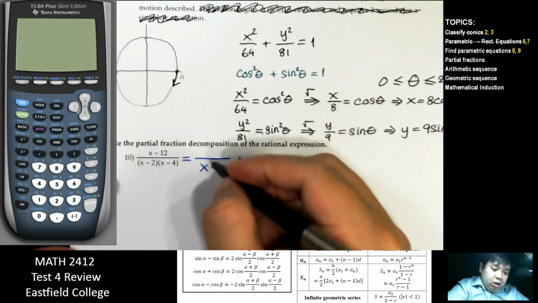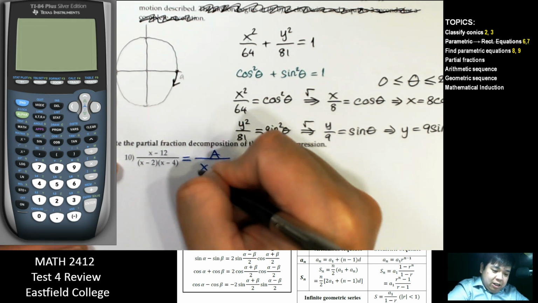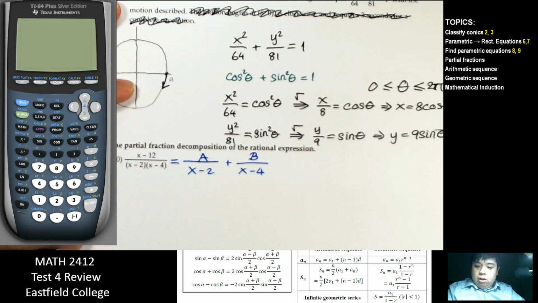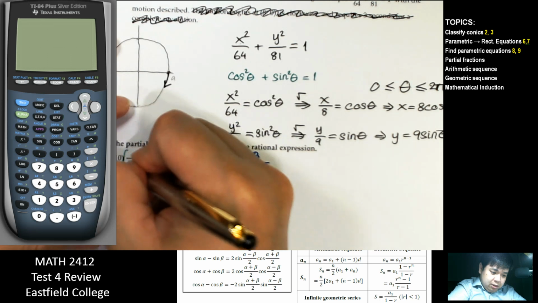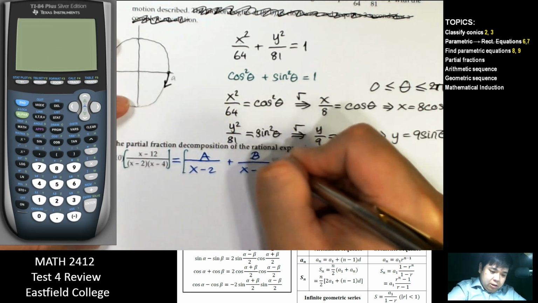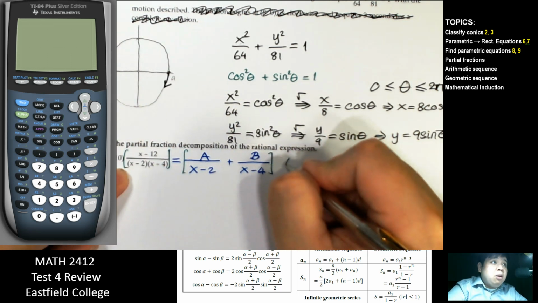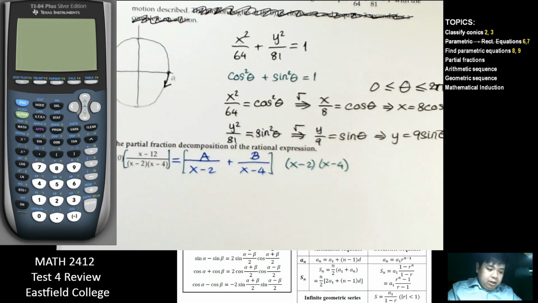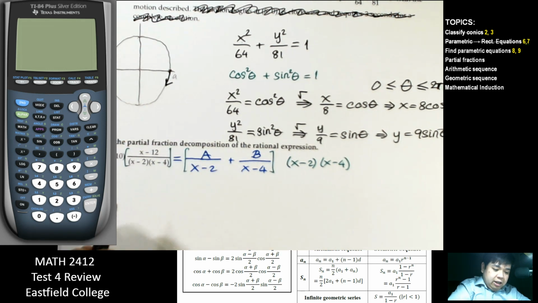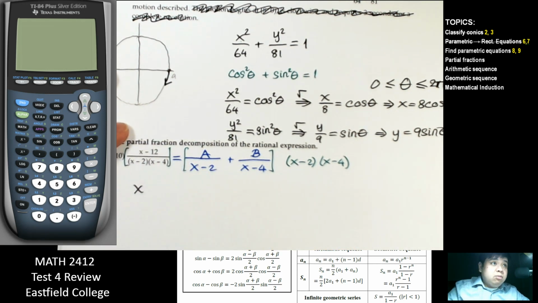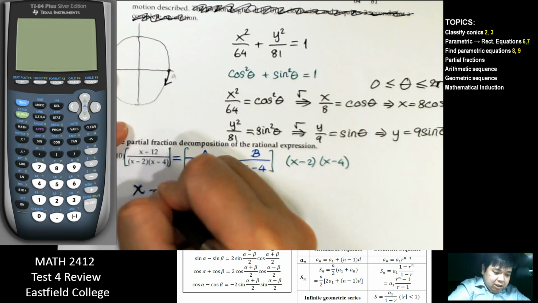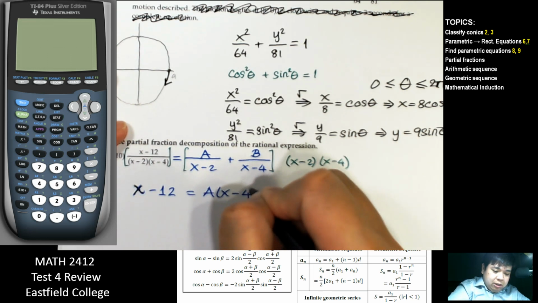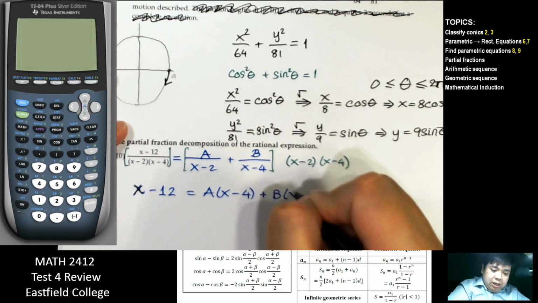On the top we have less degree than the bottom, so we have A and B. Multiply both sides by the common denominator, and we will have x minus 12 equal to A(x minus 4) plus B(x minus 2).